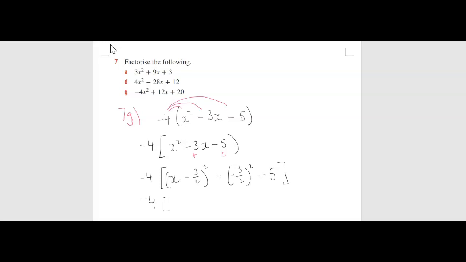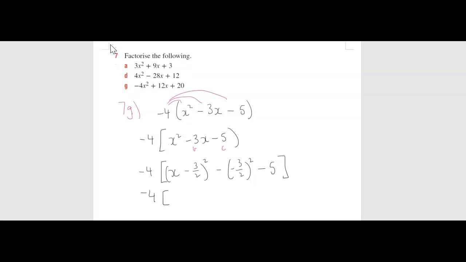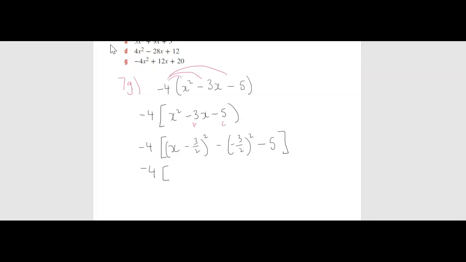The reason I'm using a square bracket is because that -4 is multiplying everything inside, and I'm already using round brackets. So I just want to keep my brackets separate.